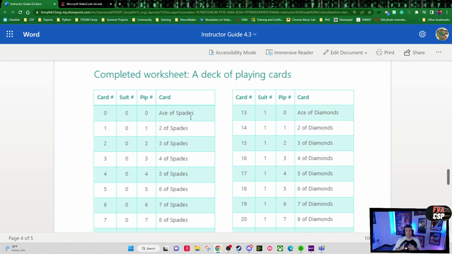Now, in the directions, it talks about doing a little bit of math. So if you take 0 and divide it by 13, then you are going to get 0 with a remainder of 0. Okay, if you take 1 divided by 13, you're still going to get 0, and then the remainder is just 1.